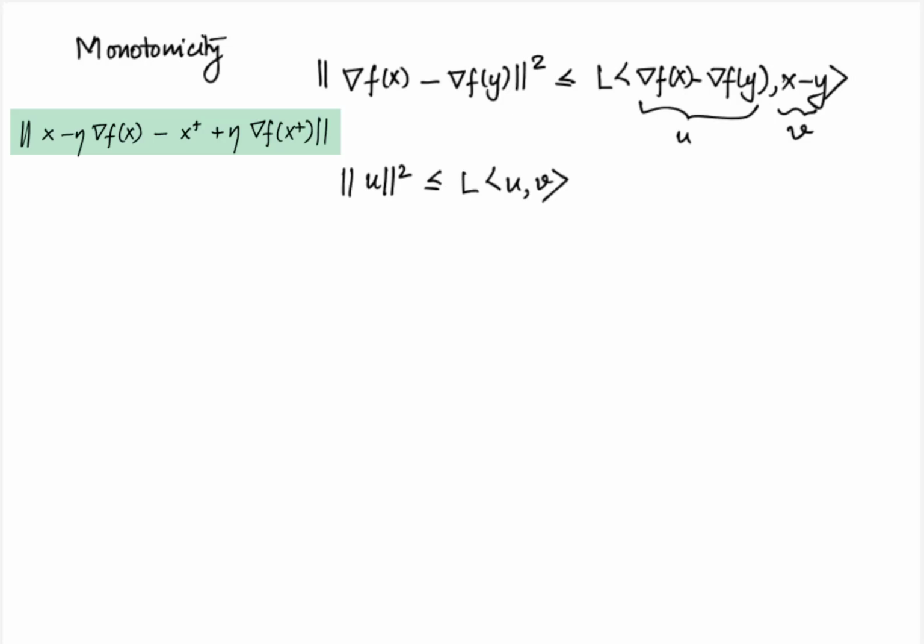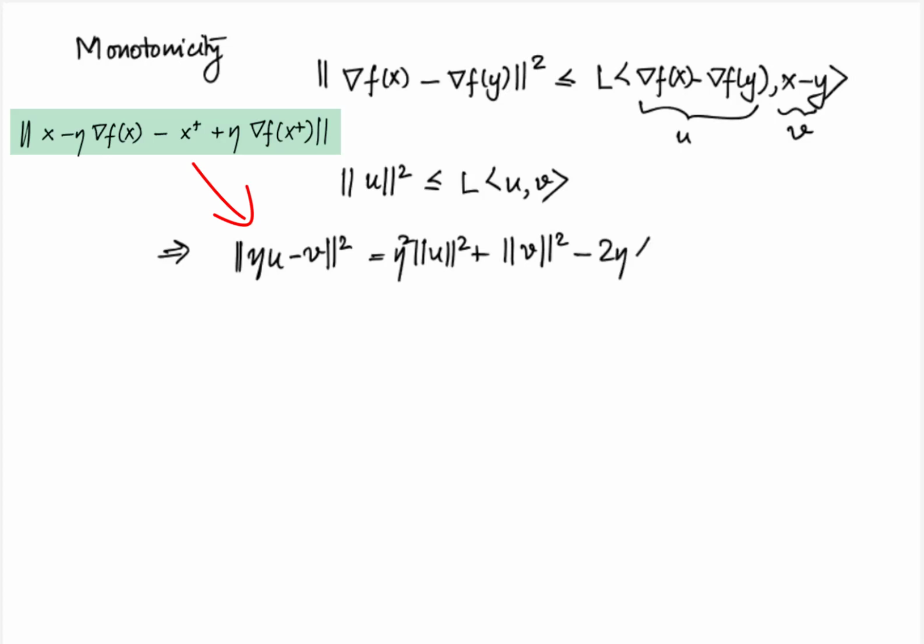Therefore the term that we had obtained so far can be written in terms of u and v as norm square of eta u minus v, and expanding it, it is equal to eta square norm square of u plus norm square of v minus 2 eta inner product of u comma v. So here the last term can be bounded from the smoothness condition we have just derived, and therefore we will get that the whole thing is less than or equal to eta by L times eta L minus 2 norm square of u plus norm square of v.